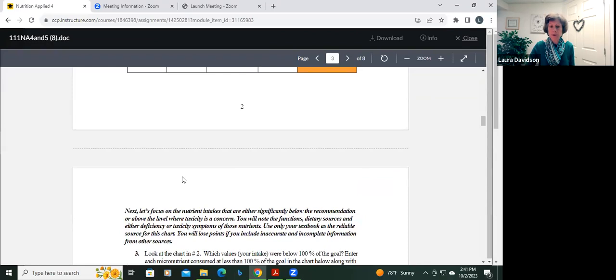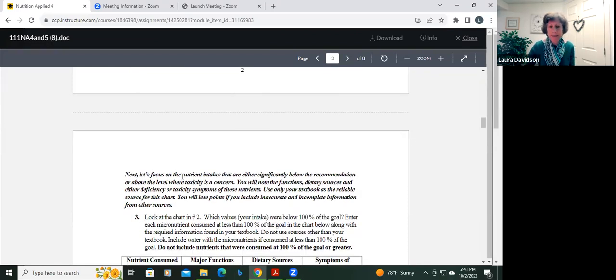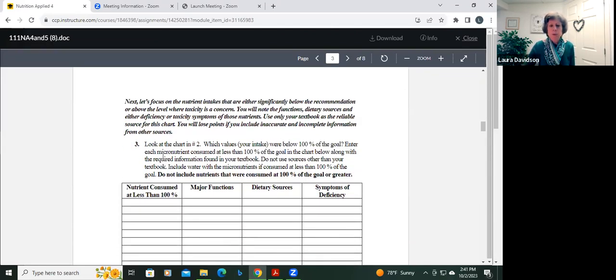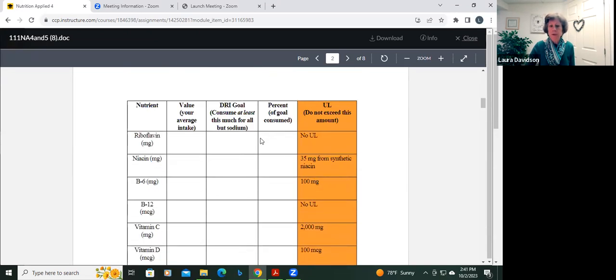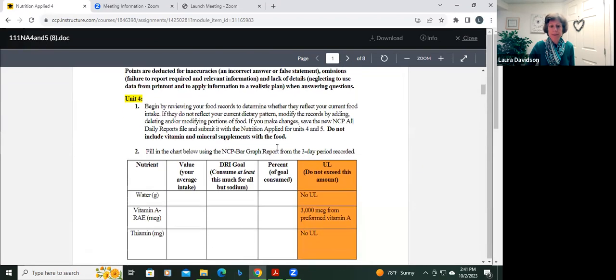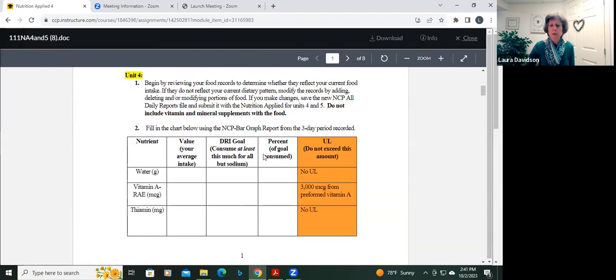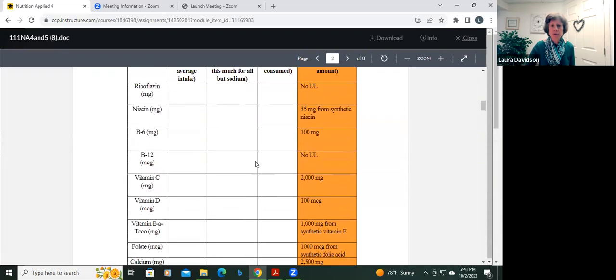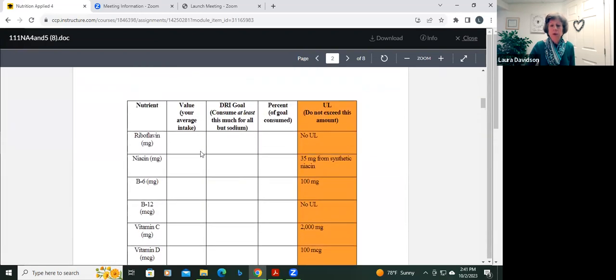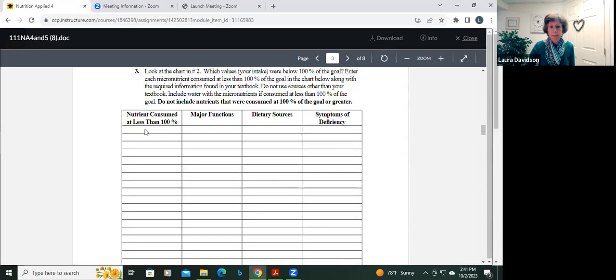Okay, now we start to kind of dig in and analyze. So we're first going to look for anything that falls short of the goal. So less than 100%. So you can look back at your chart here and you can see which nutrients, including water, were consumed at less than 100%. And for those nutrients, you will write the name here.